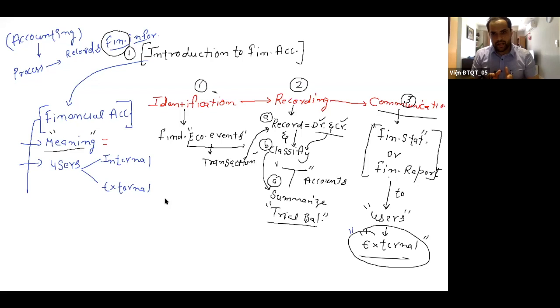External users are the people who are not involved in day-to-day activities. Day-to-day activities means everyday activities. In simple words, they do not go to the company every day.